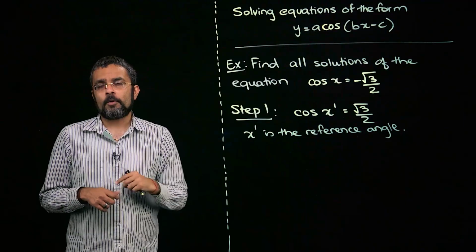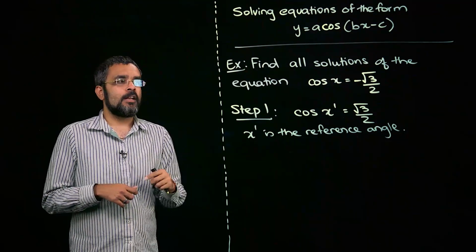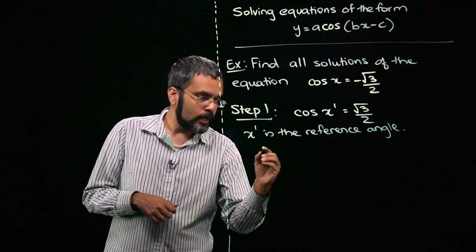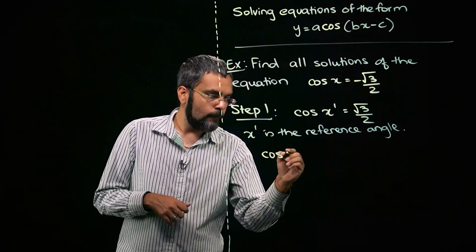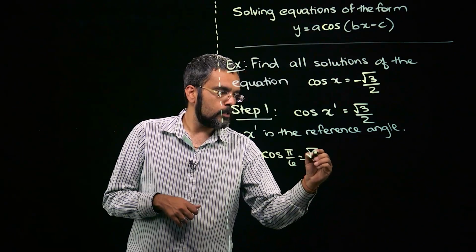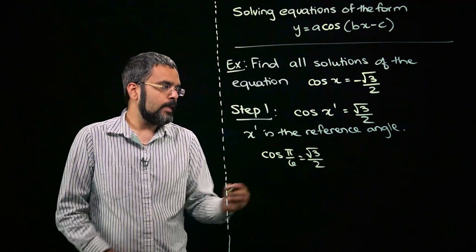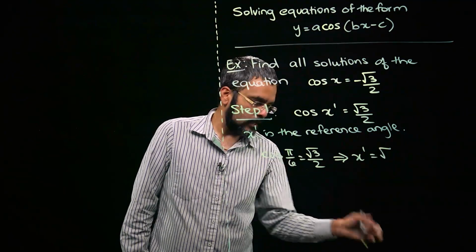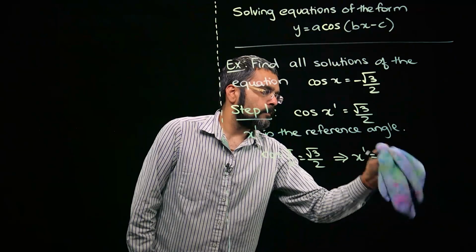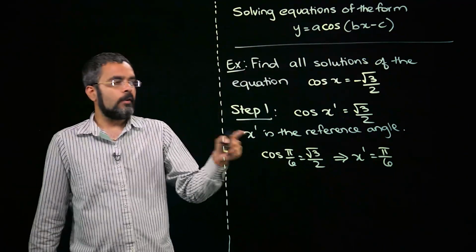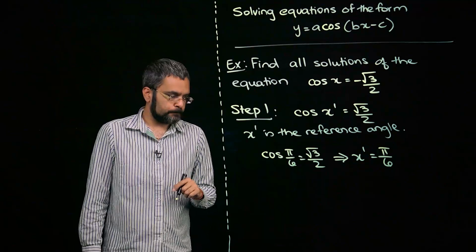If you recall from your table, cosine of pi over 6 is equal to root 3 over 2, which means that x prime is pi over 6. So my reference angle is pi over 6.